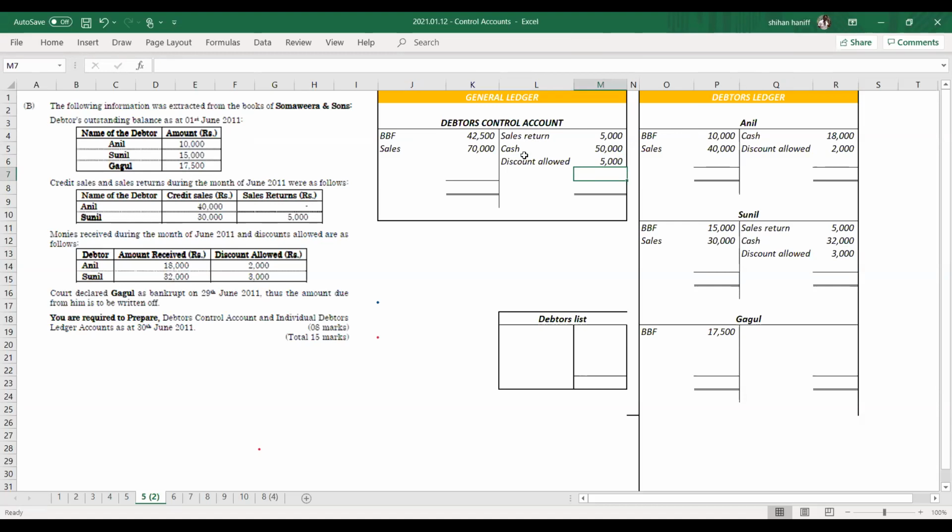Then there is one more transaction, given as additional information. The court declared Gagul bankrupt on 29 June 2011.